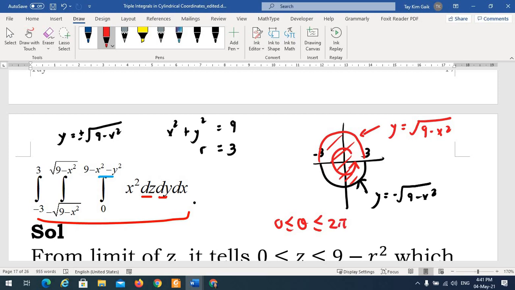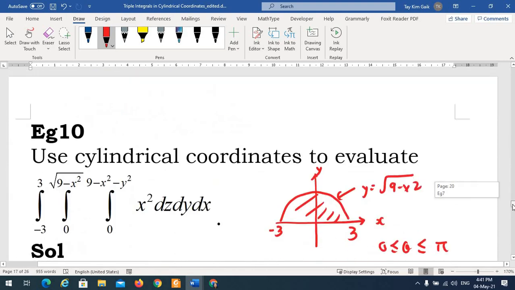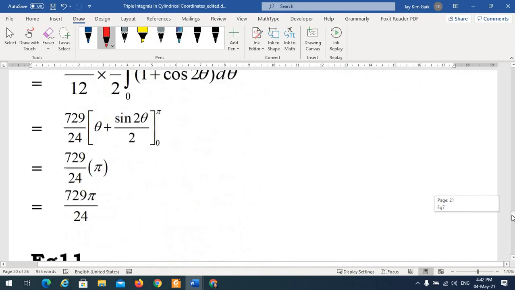If I change a bit, y equal to 0, so it's from the x-axis until y equal to square root of 9 minus x squared, you get an upper semicircle and x from negative 3 to positive 3. So it's confirmed you have first and second quadrant, an upper semicircle, and your theta from 0 to pi.